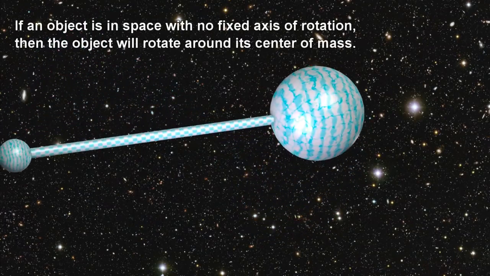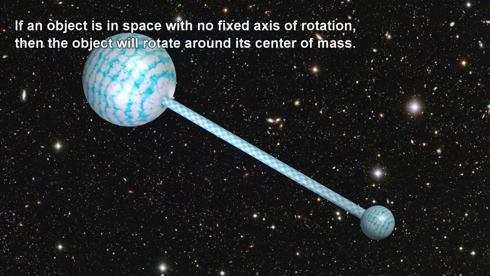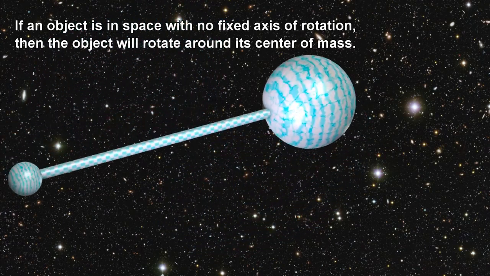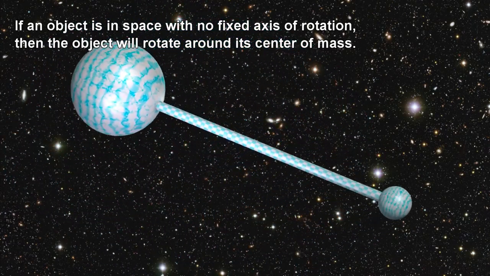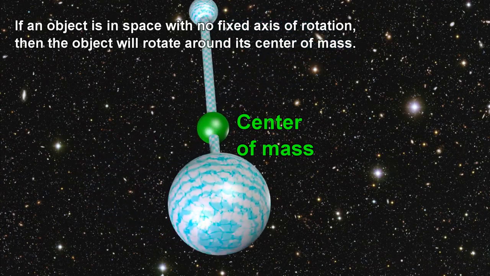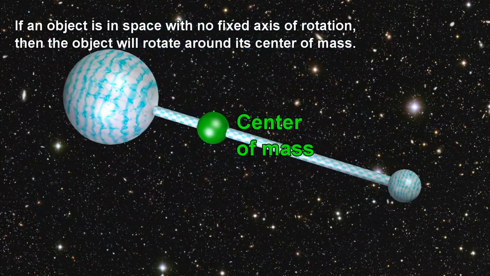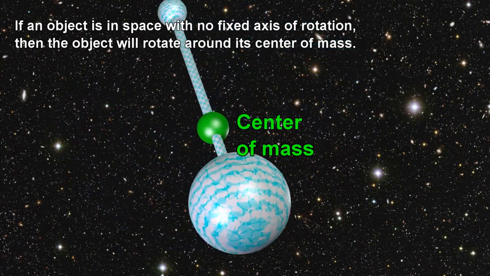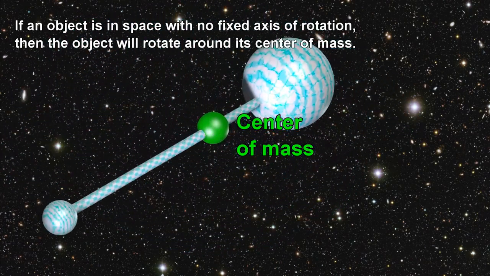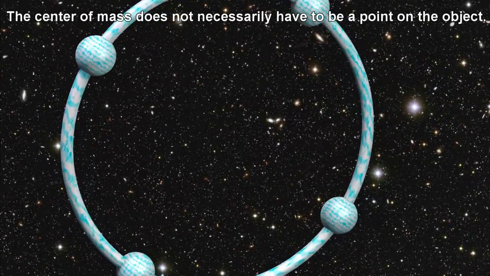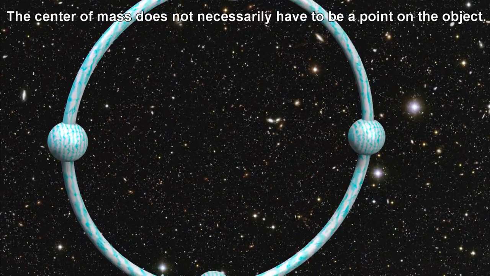If an object is in space with no fixed axis of rotation, then the object will rotate around its center of mass. The center of mass does not necessarily have to be a point on the object.